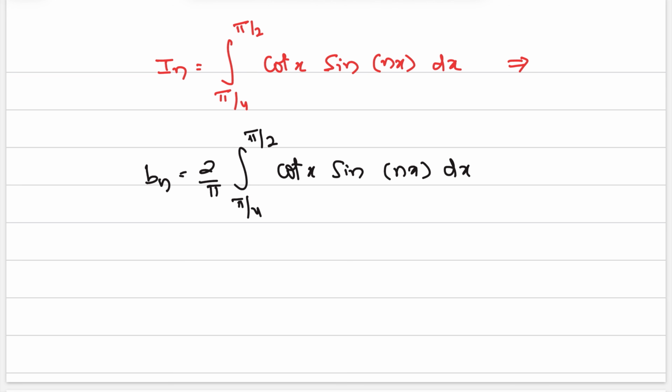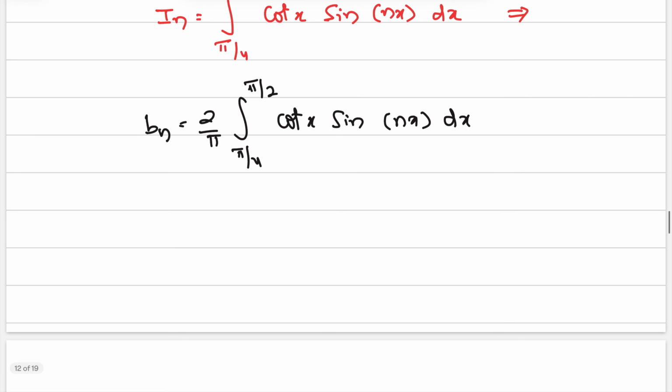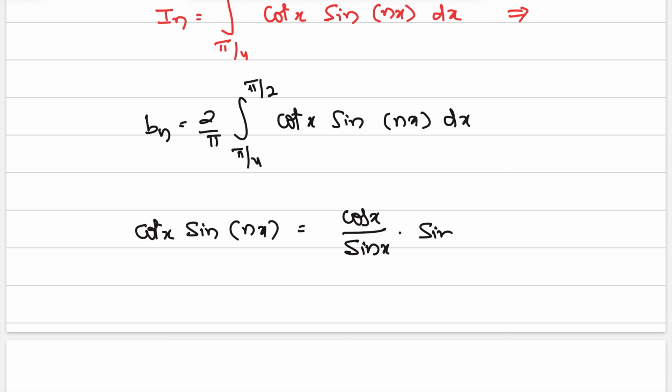Cot x into sin nx, what will be the value? Just think over. Cot x into sin nx is equal to cos x by sin x into sin nx.